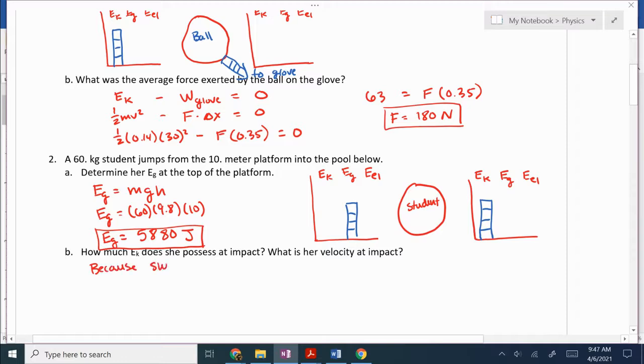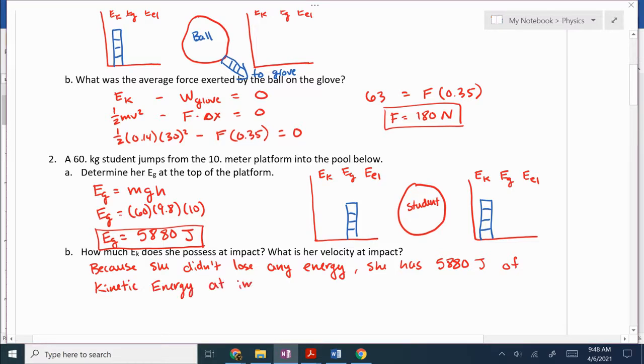Because she didn't lose any energy, she has 5,880 joules of kinetic energy at impact. What was her velocity?